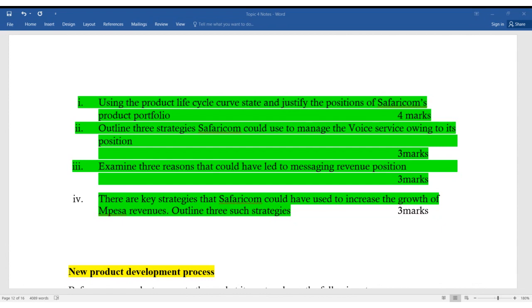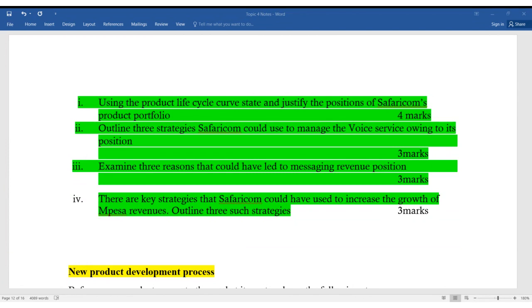sales? And we have seen that they have used store bonus. When you are given, for example, bonus airtime or bonus minutes, and various other, like the Tunukiwa thing, you remember?